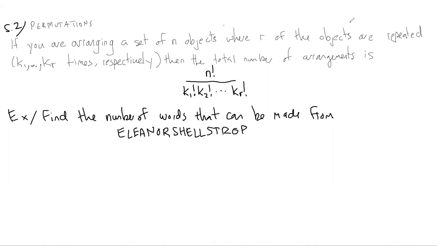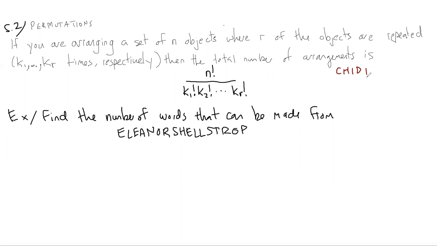All right, so to summarize what we just had there, when we were looking at the word Chidi, a 5-letter word with a repetition of 2. If you have a set of n objects where r of the objects are repeated, and we have k1, k2, k3, all the way up to some kr, those are the numbers of all of the repeats.